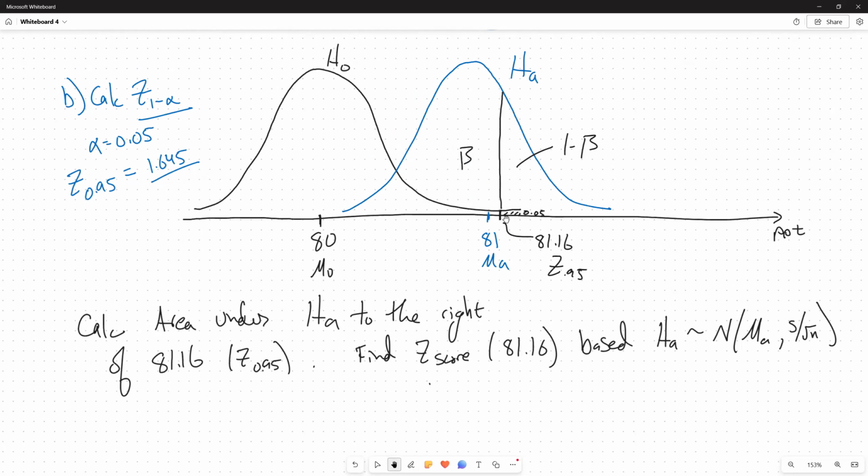Now we're going to convert that back into a z-score and calculate the probability. The z-score allows us to calculate the probability, or the area under the curve, of the alternative distribution. It's like a hop and a skip. We hop over here based on the null distribution, and now we're hopping into the alternative distribution and calculating that probability.